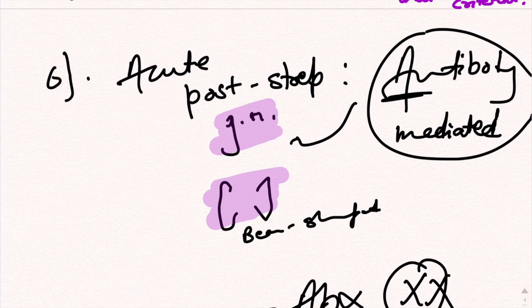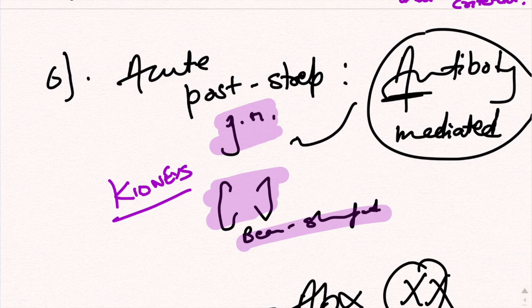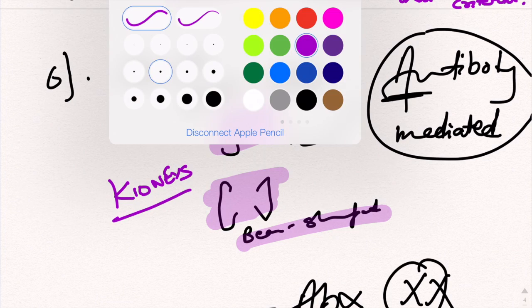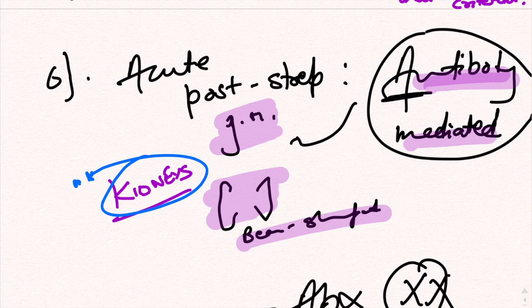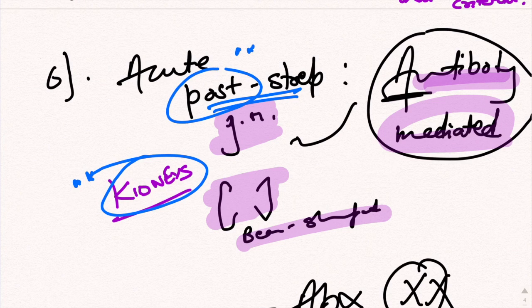And then we come on to the kidney part, which is acute post-strep glomerulonephritis. This is basically antibody mediated. So no toxin is produced, it's post-strep. After the whole shebang, you're left with antibodies which give injury to your kidneys.